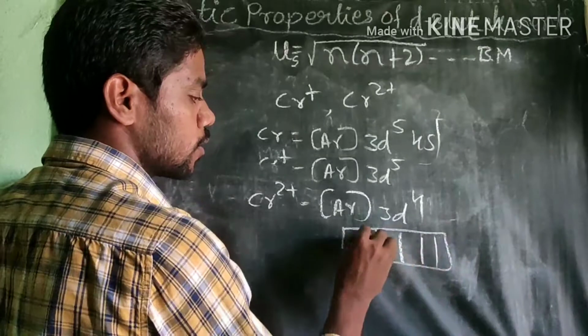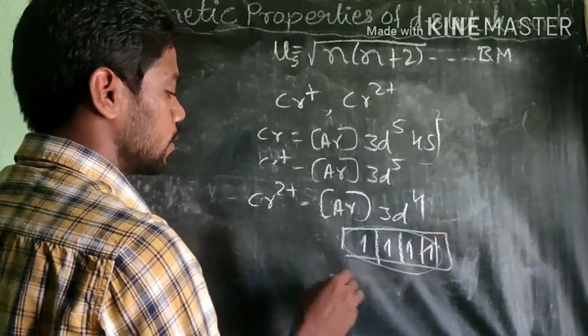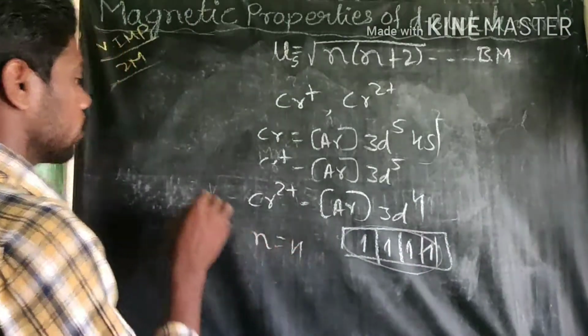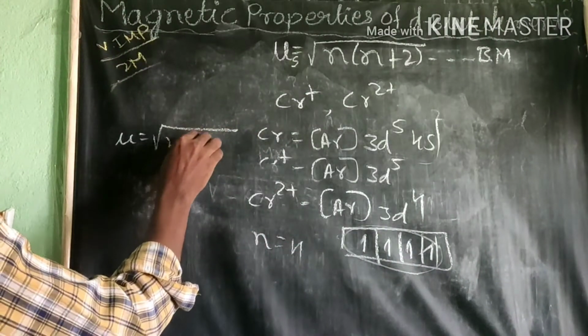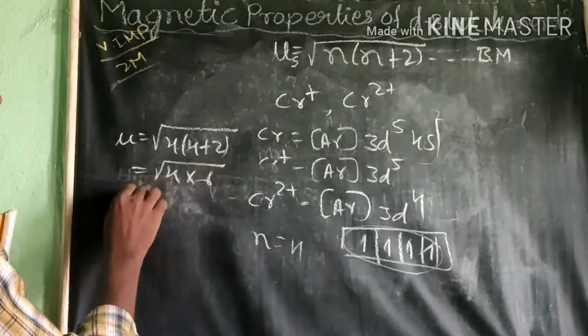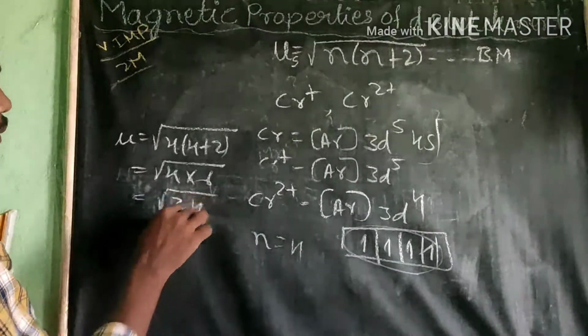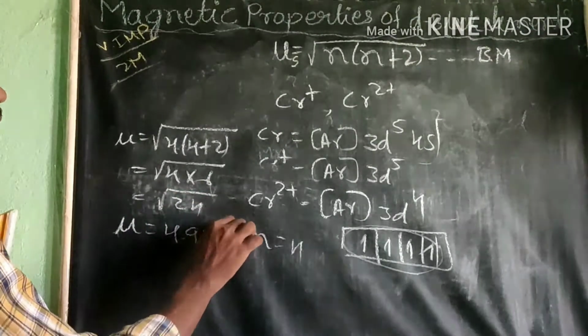Go for the calculation: 1, 2, 3, 4. Therefore, these 4 are singly filled, so n equals 4. Then mu equals square root of 4 into (4 plus 2), therefore square root of 4 into 6, which means 24. Therefore, mu equals 4.9 Bohr magneton.